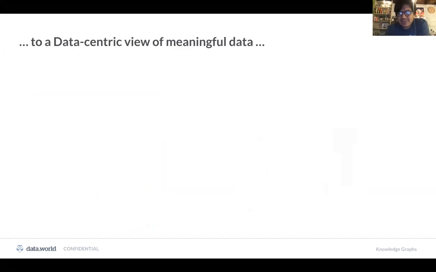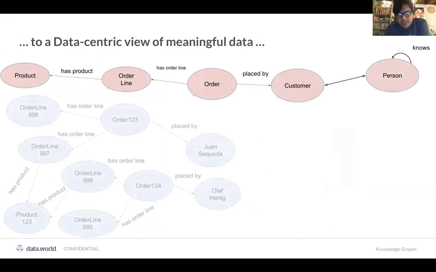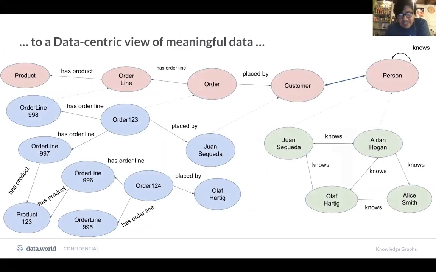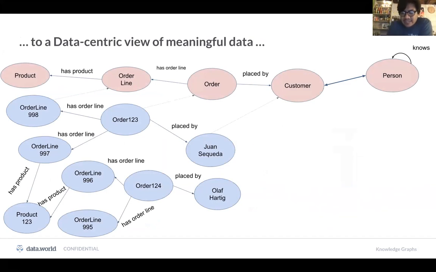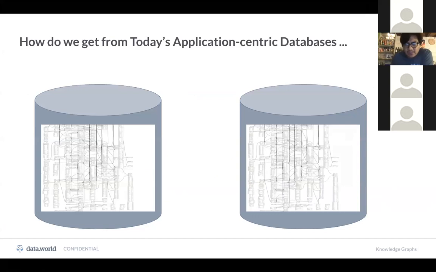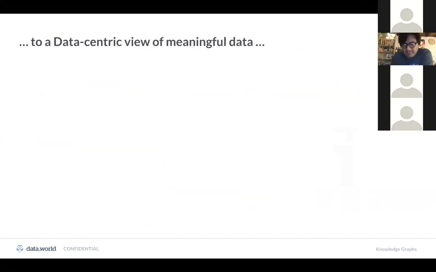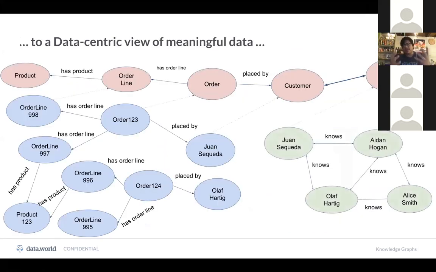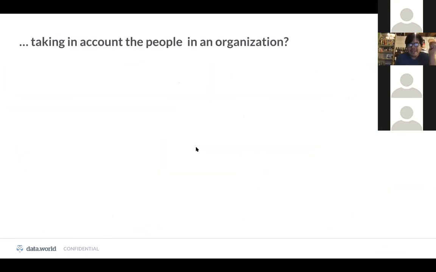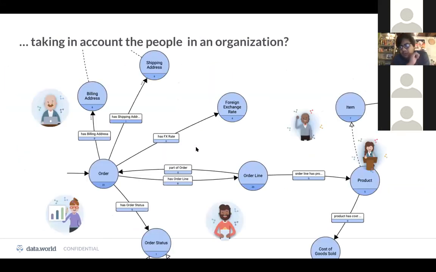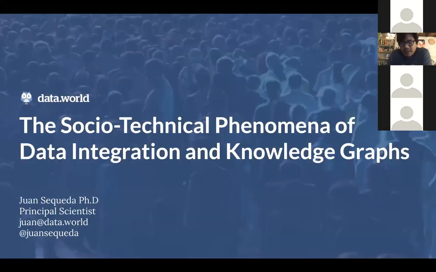Data that is meaningful and understandable, so that if anybody looks at it, it makes sense. Instead of looking at thousands of tables, you want to look at data and understand it. But how do we get from that inscrutable enterprise data to this meaningful view, taking into account the people in an organization? That's a big question, and that's what I'm going to be talking about in this talk.